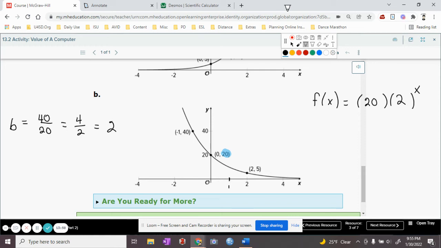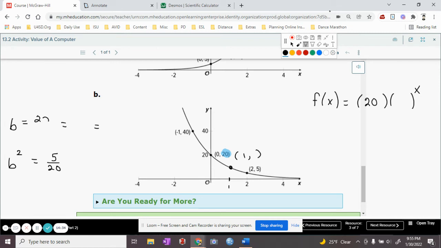If you wanted to do this one, going from 5 to 20, you could do that, but that's going to be b squared because we have this missing value in here that we would do b times b. Oh, and I put 2. What am I doing? A term divided by the previous term would be 20 divided by 40.